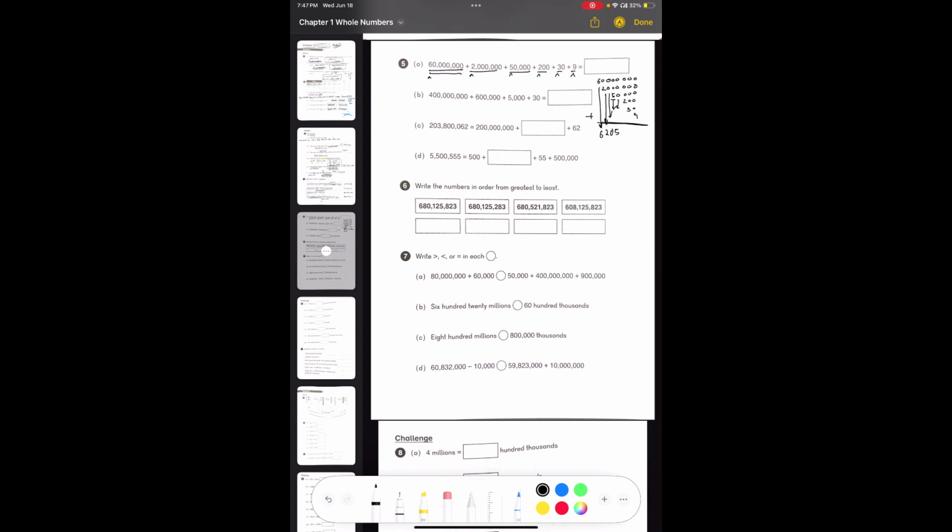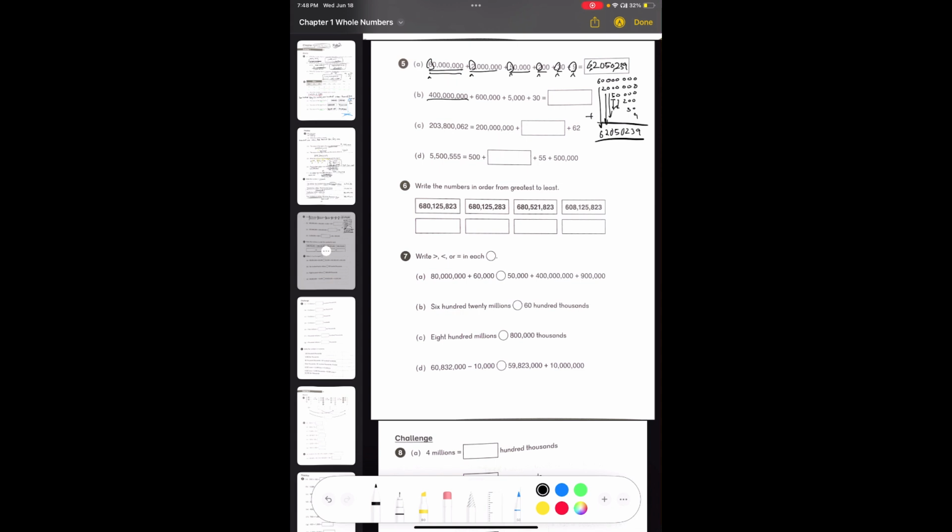So we just drop these numbers down, 2, 3, 9. So our answer is 62,050,239. And we don't need to add any of these digits up because they're all at different places. So this is our answer.